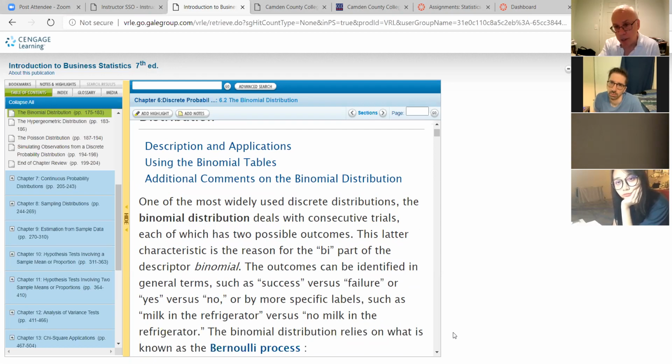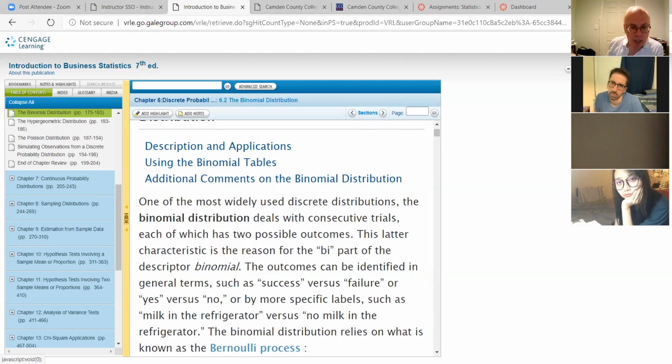That's important. In each trial, they call it a Bernoulli process, which means basically you have one or the other as possible outcomes. Each of the two outcomes has a probability associated with it, with the sum of the probabilities being equal to 1.